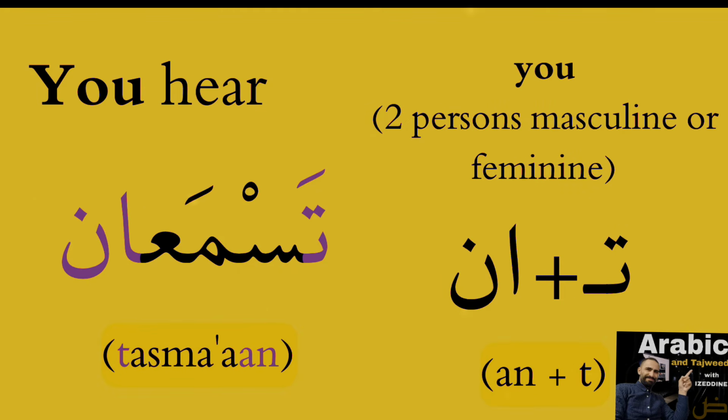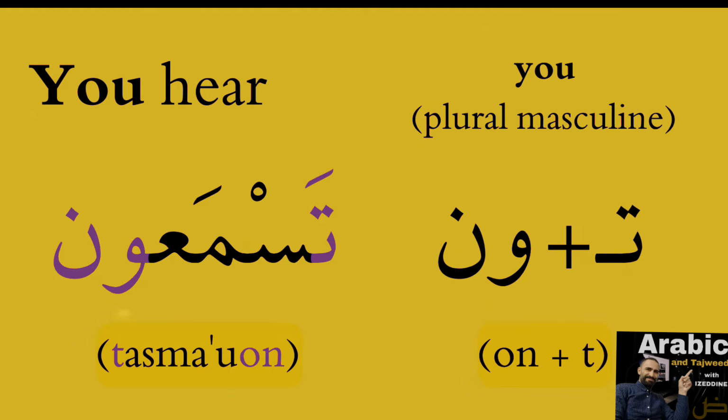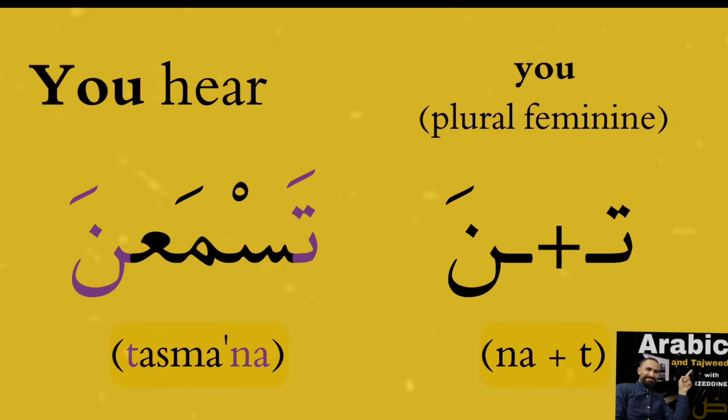You hear. Of course, here we are talking to two persons, masculine or feminine. We say أنتما تسمعان. التاء at the beginning and الألف والنون at the end. تكتبان. تقرآن. But if we are talking to plural masculine, أنتم, you are a group of males, أنتم تسمعون.